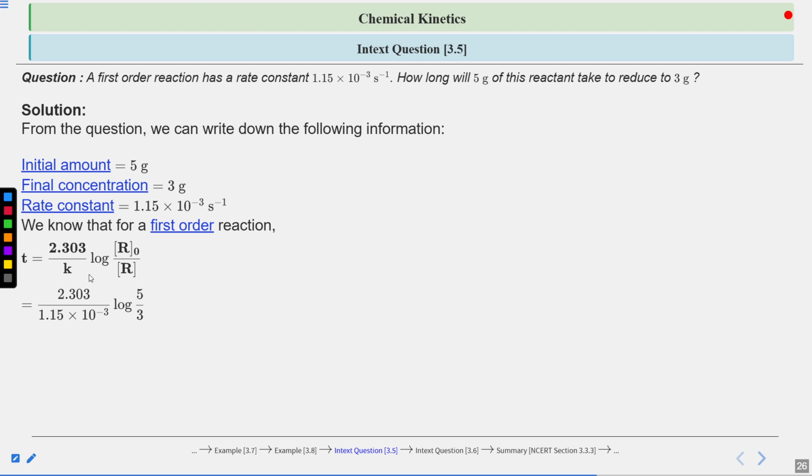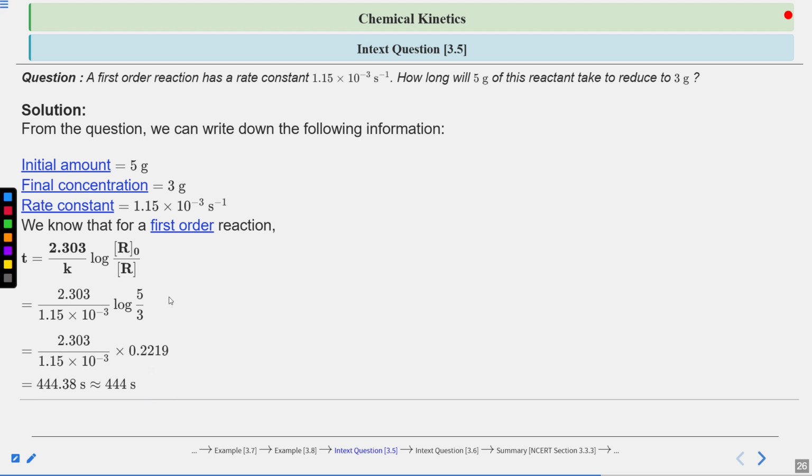Only the unknown term is the time, and you have to calculate that. So time will be 2.303 by 1.15 times 10 to the power minus 3 multiplied by log 5 by 3. Log 5 by 3 will be log 5 minus log 3, so that will be 0.2219, and you have to multiply these terms together to get the value of t as 444.38 seconds, which is approximately 444 seconds.